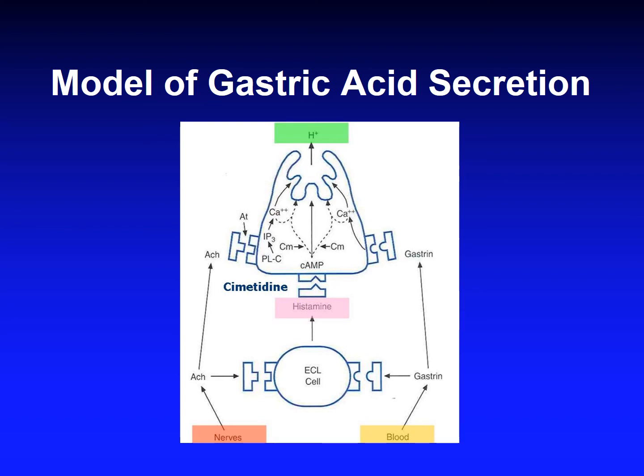And when we stimulate this cell, it secretes histamine, and histamine binds to the H2 receptor on the parietal cell to increase acid secretion in the stomach, or gastrin can bind also to the parietal cell and also increase acid secretion, and also the vagus nerve can activate the parietal cell and also can increase acid secretion.